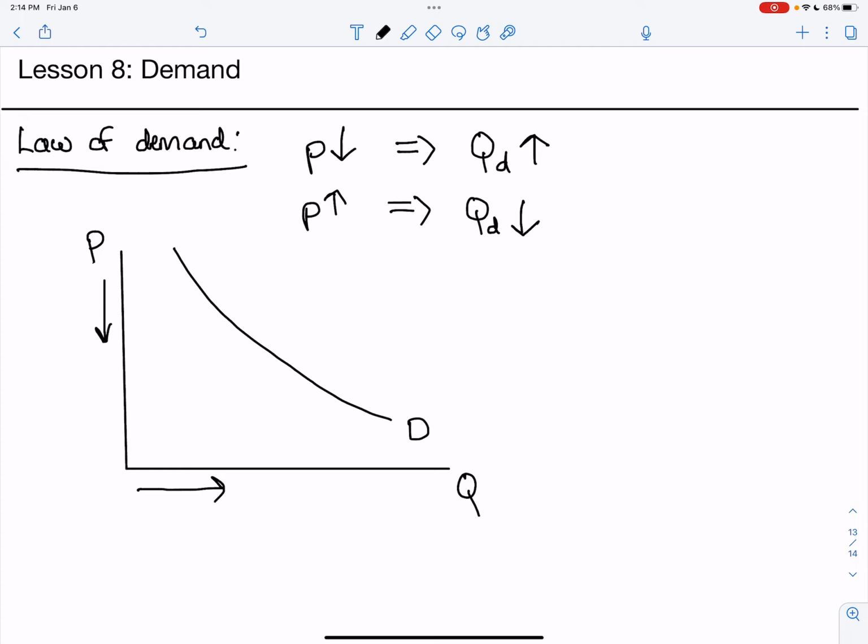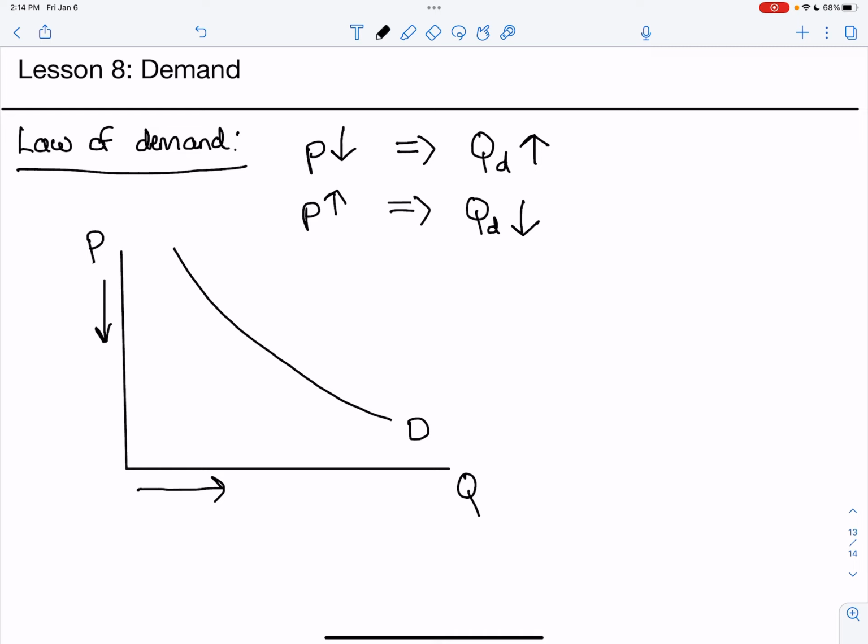Okay? Now, it's very important to understand exactly what this demand curve represents. This demand curve represents the quantity desired or the quantity demanded in the market as a whole at every price. Okay? So let's say we were talking about the market for running shoes.